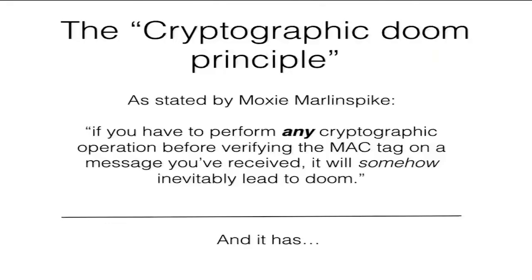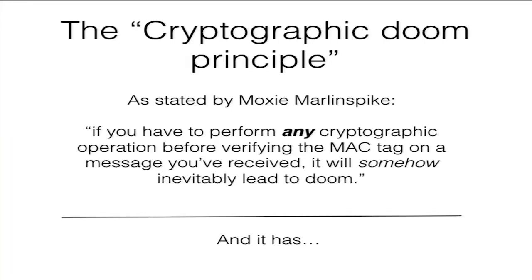Now, this is a principle stated by Moxie Marlinspike, I believe the person who invented Signal, or one of the developers, which says that if you have to perform any type of cryptographic operation on the ciphertext before you verify it or validate the MAC, it will lead to doom.